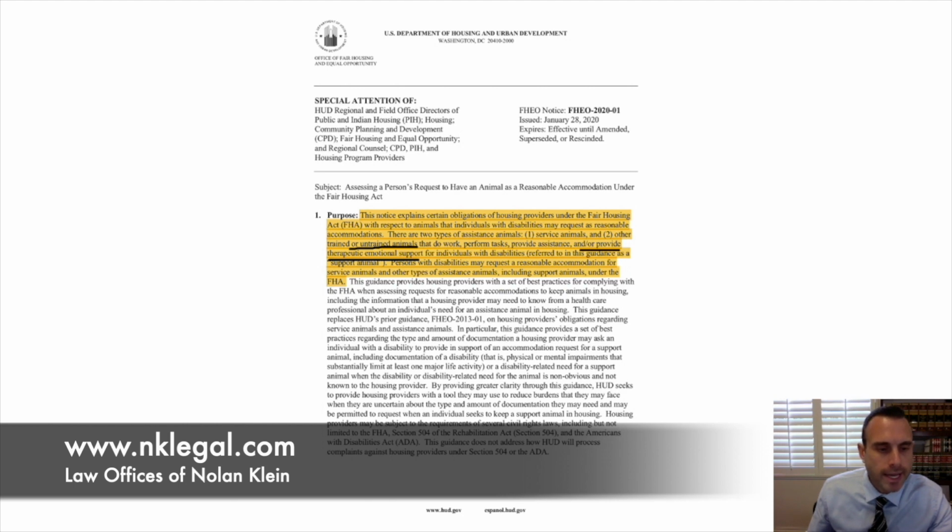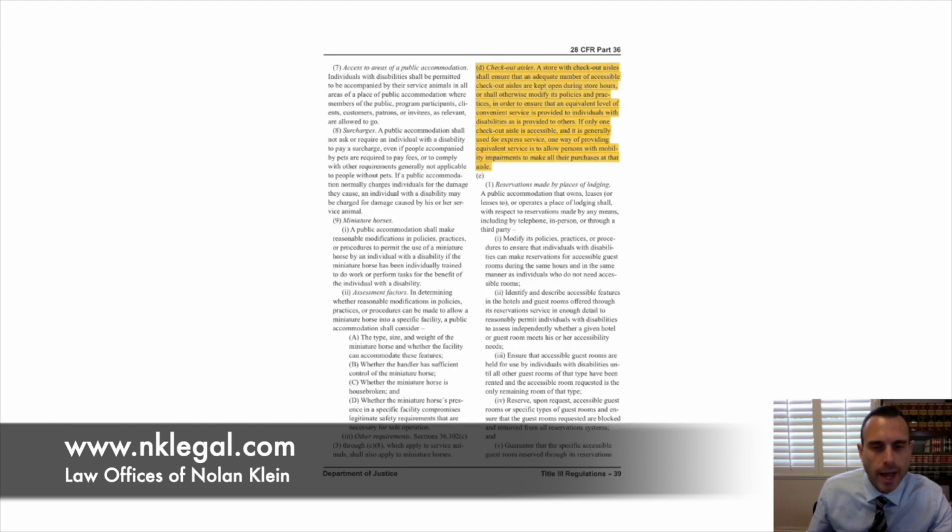But under the ADA, certainly, we have service animals defined now as specifically trained to undertake tasks. I'm paraphrasing the actual definition, which anybody can look up, but emotional support animals, untrained therapeutic animals, are no longer part of that definition.